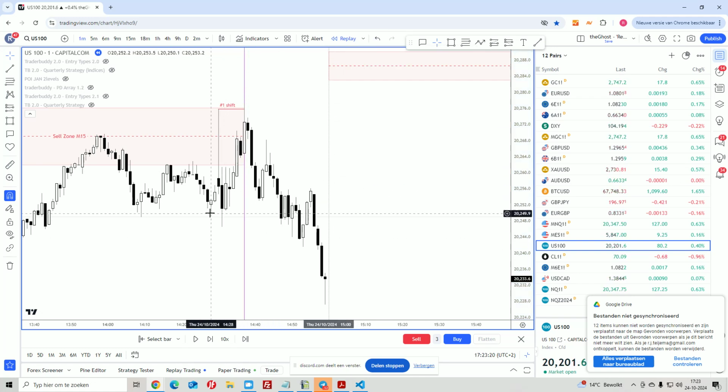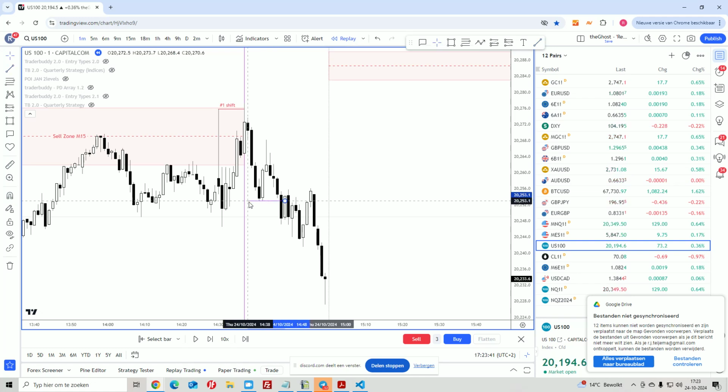So I don't care if this is the first one or that this is the first one. I just take the first one. And this is contrary to a normal structure, because then only this one counts. But for the 7-step pattern, I don't care. The first one, first swing low, I take.